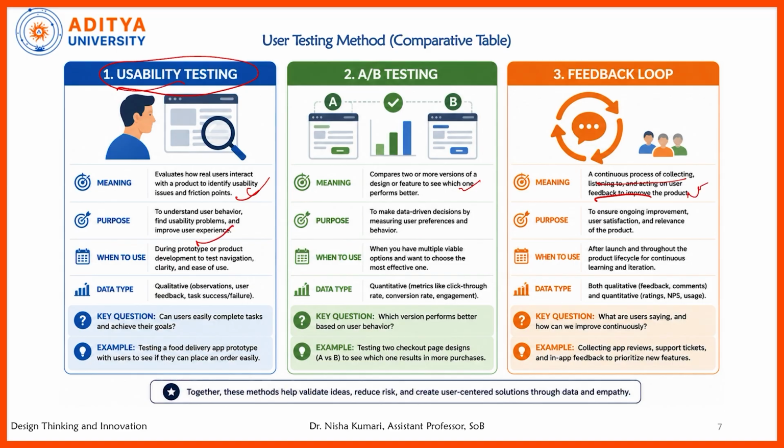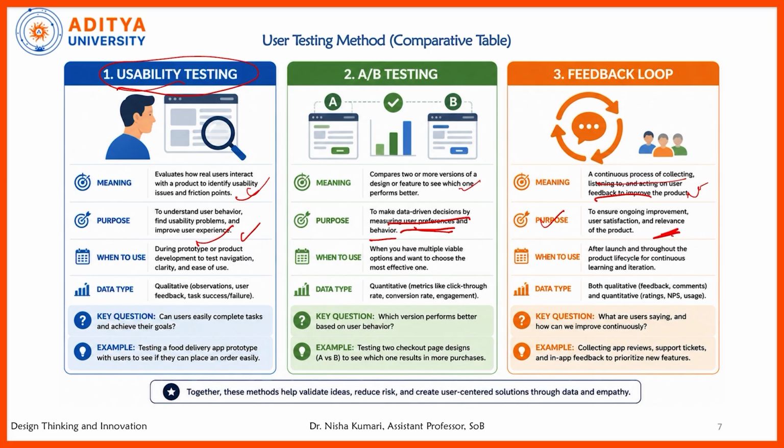The purpose of usability testing is to understand user behavior, to find whether there is any usability problem in the product or not, and to improve the user's experience. A/B testing, based on the data we are getting on different versions, is used to check the users' preference or behavior. The purpose of the feedback loop is ongoing improvement and enhancing user satisfaction.